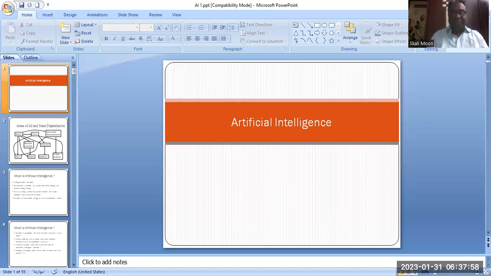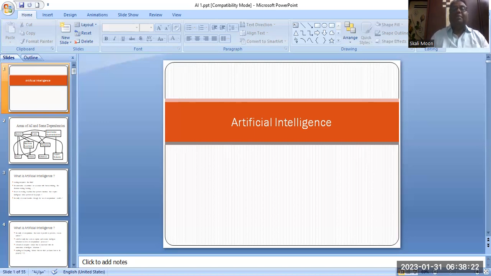Next, coming to the foundations of AI. The foundation of AI is philosophy. At that time, the study of human intelligence began with no formal expression. It initiated the idea of the mind as a machine and its internal operations. Next, mathematics.